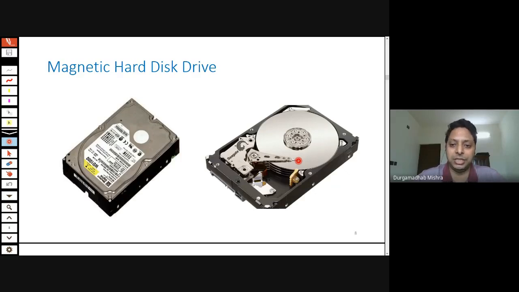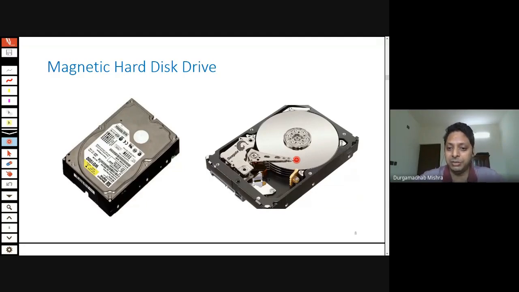We will discuss it after a few lectures, when we discuss magnetic hard disk drives in detail. This is also a magnet. It is magnetic material used in how you read, write, and store the information. All of it is based on magnetic materials.